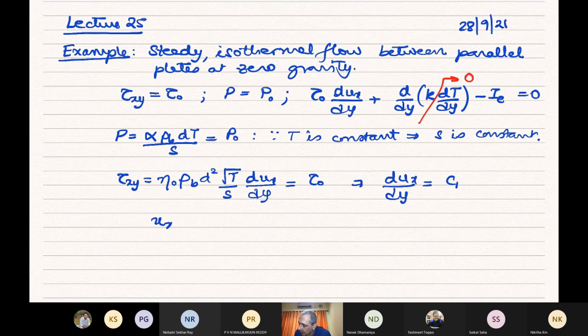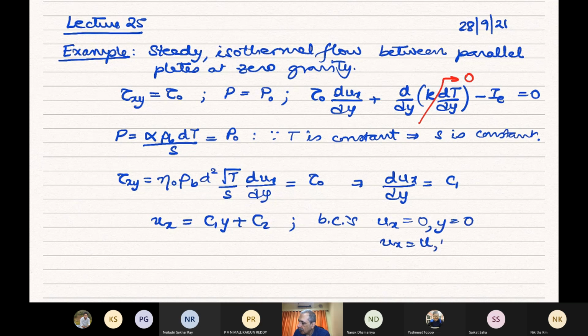And we can immediately solve for the velocity profile: it is just C1y plus C2. The boundary conditions are that ux is equal to 0 at y equal to 0 and ux is equal to u at y equal to h.